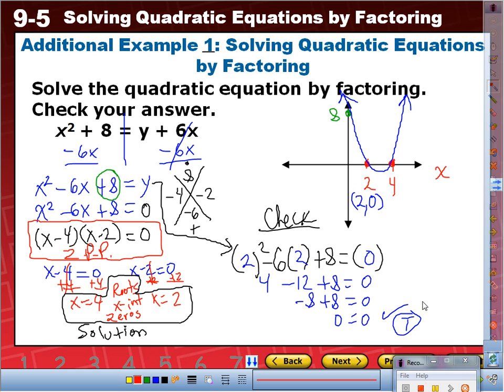Here it goes. So, pens down, eyes up here. At the beginning of the year, I covered the commutative property of multiplication. I said, if we have 2 times 3, the product is 6. Does the order matter how we multiply it? No. Same thing with 3 times 2, it's also 6.